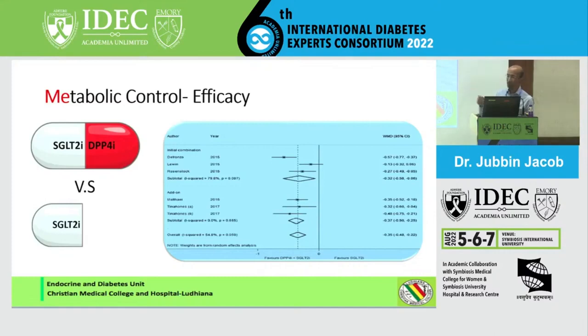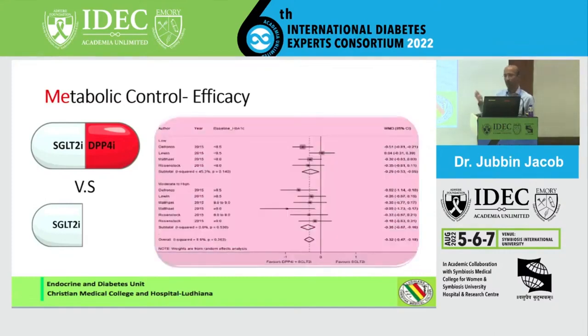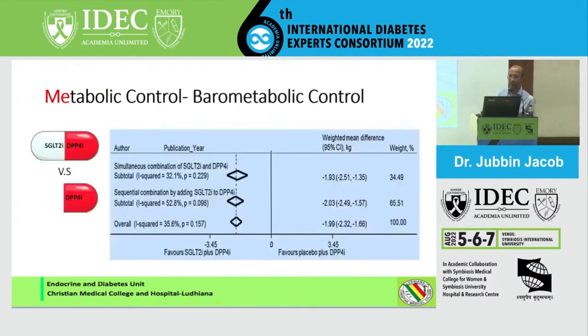This is where the baseline HbA1c is about 8, and when the baseline HbA1c is higher, you get better glucose control. So I think for the first two parts of the pyramid, that is symptom control and glucose control, the choice of SGLT2 DPP4 inhibitor becomes a very potent and effective choice.